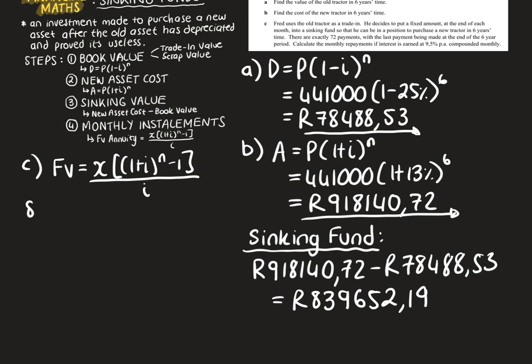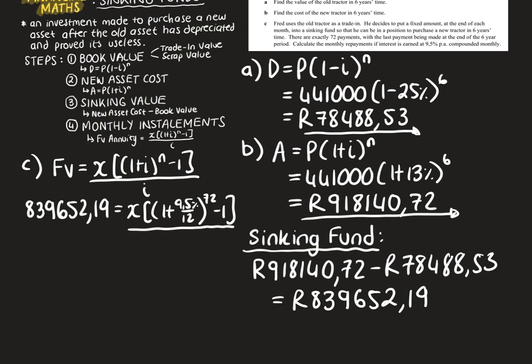So my future value is going to be 839,652.19 equals X, which is what I'm trying to figure out, times ((1 plus 9.5% over 12) to the power of 72, minus 1) all over 9.5% over 12.